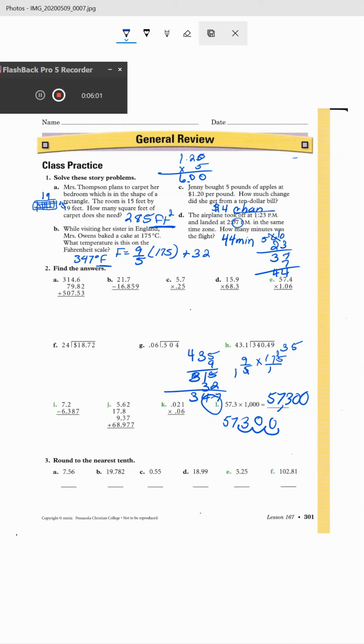All right. Round to the nearest tenth. I'll do these with you. Okay. So we need to round to the tenths place, which is 1 place after the decimal. I'm going to underline all of them. Okay. So with the 5, I have to look at the 6. That rounds it up. I look at the 8 in the next one. That rounds that up. Look at the 5. That rounds that up.